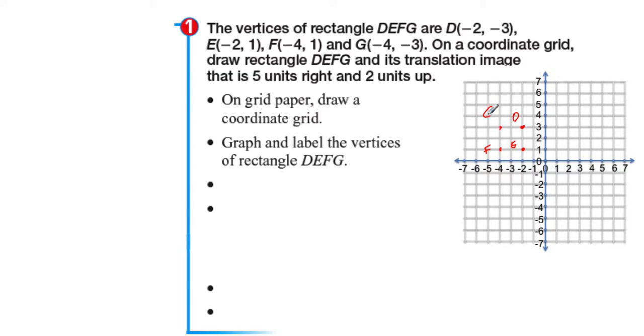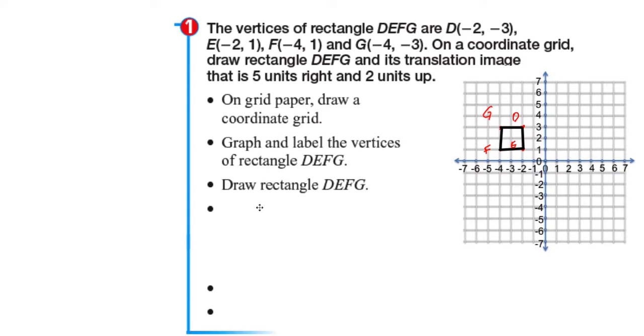It's point G. Next, we draw rectangle DEFG. We simply connect those 4 points. That's our rectangle DEFG. It can be straighter, but we're good to go.